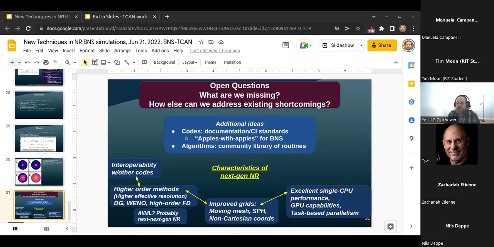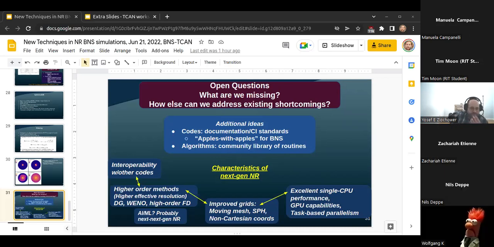Manuela? Yeah, so you mentioned apples with apples comparisons for BNS, and this has been extremely successful in the black hole community to make progress, to put more or less all the codes on a similar ground base.